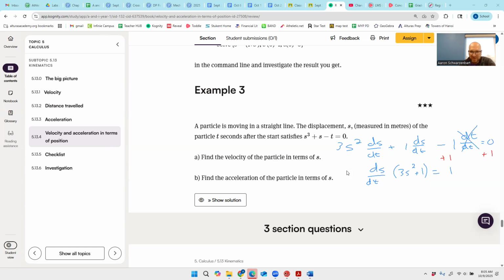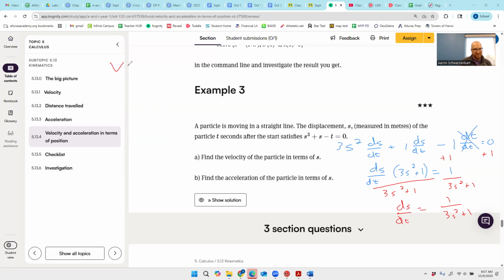I will now divide by my set of parentheses. So ds/dt, which is v, will be equal to 1 over 3s squared plus 1. This is in terms of s because s is my independent variable there.